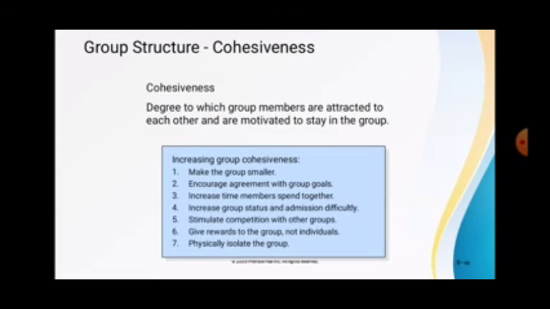Increase group status and admission difficulty. Stimulate competition with other groups. Give rewards to the group, not individuals. Physically isolate the group. So this is the reason for increasing group cohesiveness.